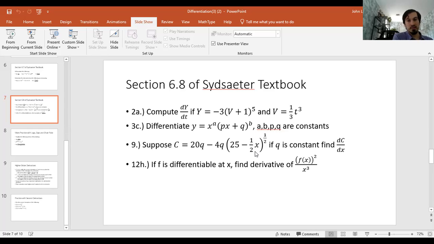Another one is c equals 20q minus 4q times 25 minus 1/2 x squared, or x to the 1/2 power. And then the next one is find the derivative of (f of x) quantity squared over x cubed. And the way I would write that is just to let you guys know.